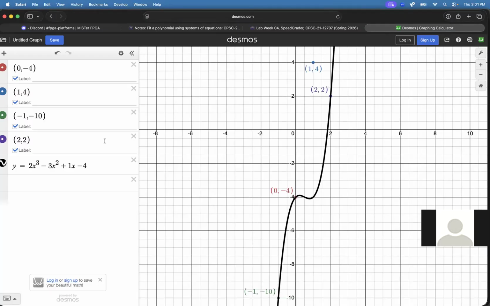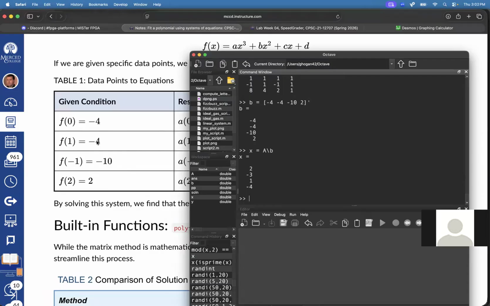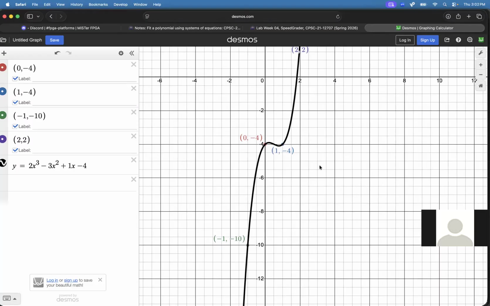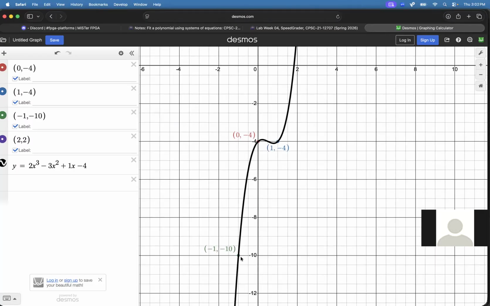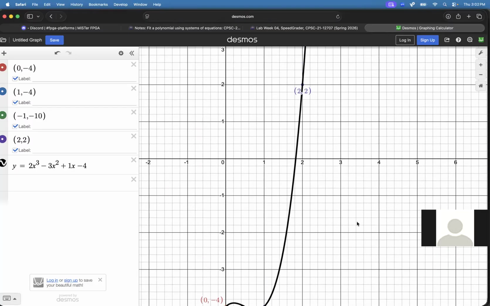Oh, I just realized that when I typed in these numbers here, looking back at our notes, those were both negative 4: 0, negative 4 and 1, negative 4. But I typed the number in Desmos as 1, 4. So I'm like, why is it not going through here? Because it's supposed to be minus 4 down here. So if we look carefully, we see that it does go through all of those points exactly how it was supposed to. So it worked.